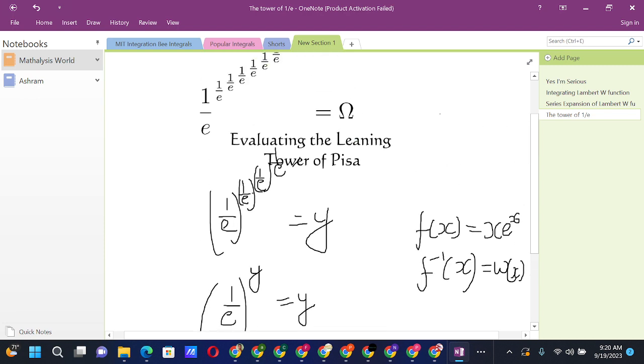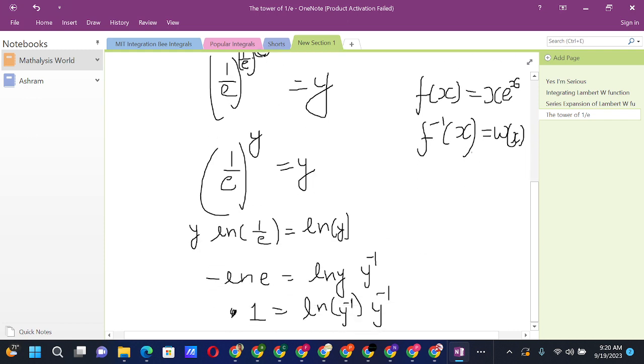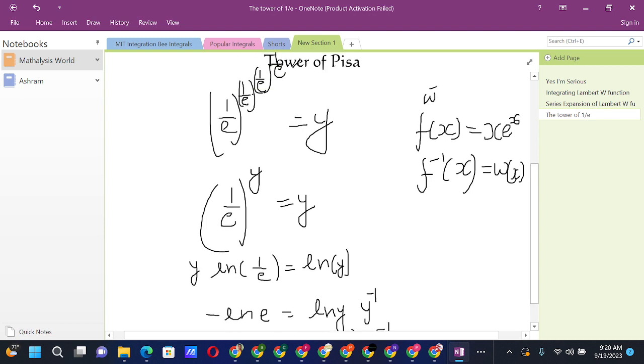So basically, if you want to solve 2 equals x e to the power x, we can just say that x equals Lambert of 2. So we can say that if f inverse of x is the Lambert function of x, then over here we can also say that the Lambert inverse of x is actually x e to the power x.